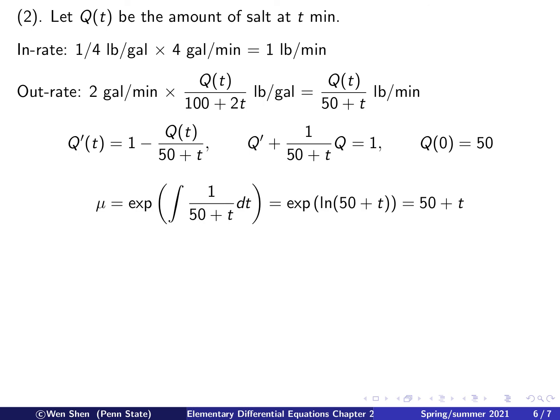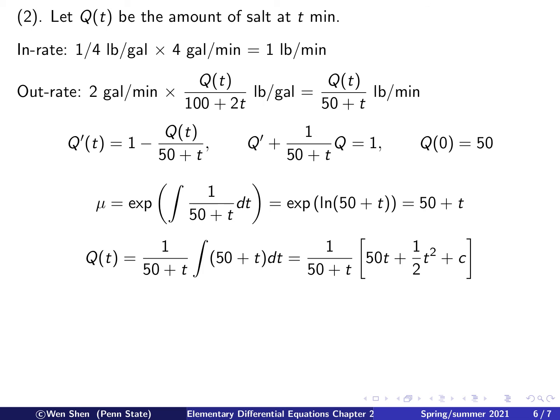Okay, we can solve this equation now with our integrating factor. So finding the integrating factor, exponential of the integral of this p here, and then one just needs to work out this integral, which is a natural log, and then exponential and log cancel each other. We get this for mu.